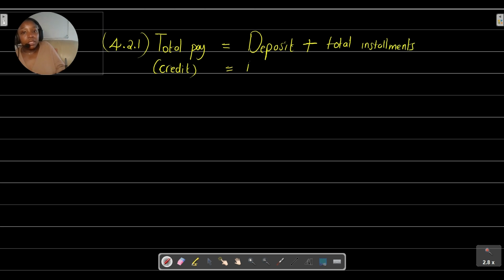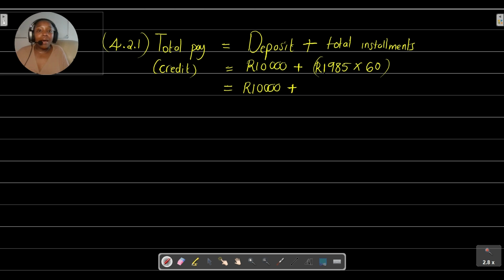His deposit was 10,000 rand, plus how much will he be paying? He'll be paying 1,985 for 60 months. So he's going to be paying that amount for 60 months. So from there, you're just going to take that 10,000 rand and plus it with 1,985 multiplied by 60.